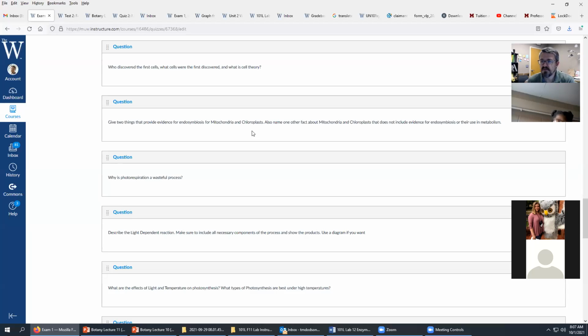Now, something that's not for endosymbiosis or metabolism, what I would have chosen, although I do sometimes take other answers if I thought it was appropriate, is they are maternally inherited, and that is something that's true for both of them. So that means that the mother plant is the one that passes it on to the offspring.